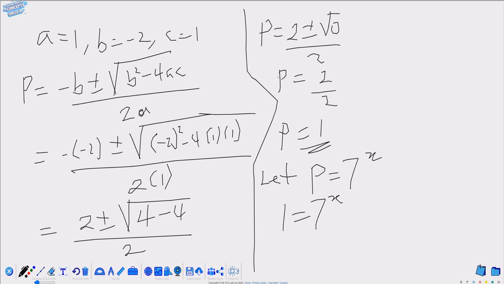Now if you look, 1 can be written as something. Anything raised power 0 is 1, if you remember that law. So you just say 7 raised power 0 is 7 raised power x.